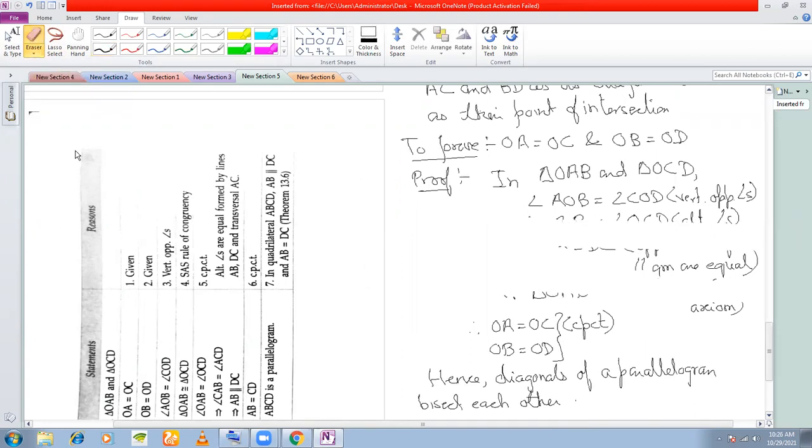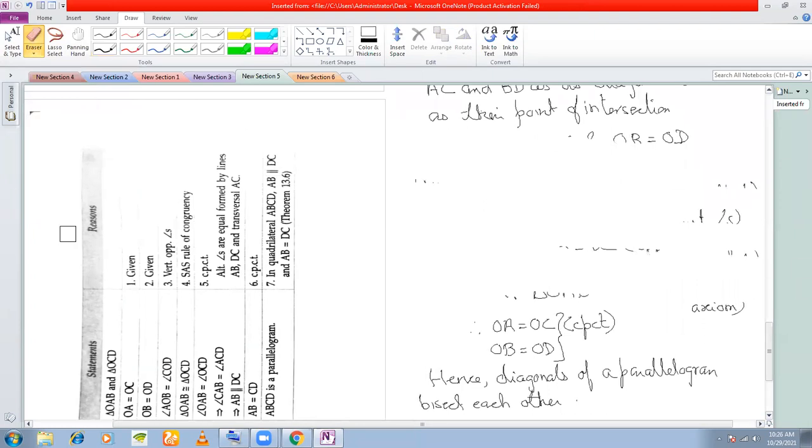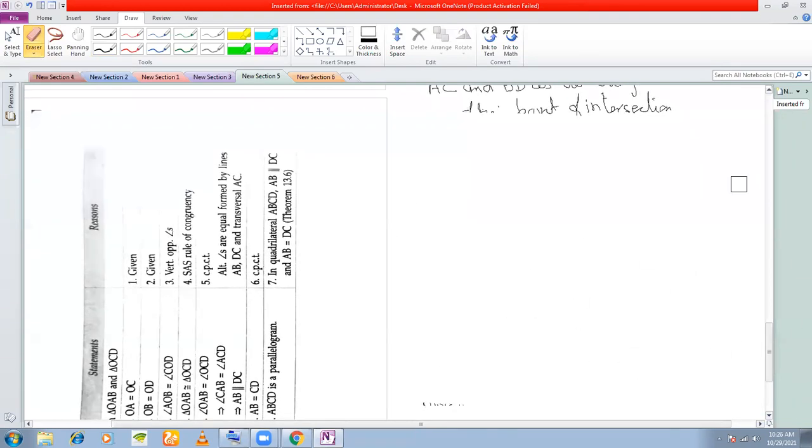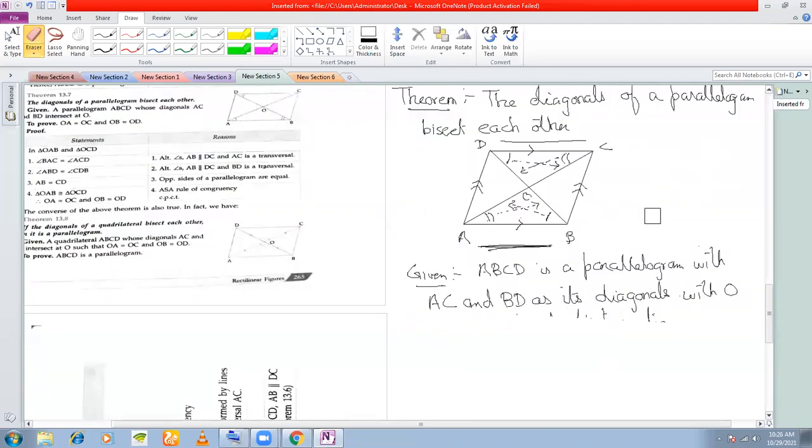Yes, tell me. Sir, but if we try to prove it in the way of angle side angle, then we can prove it. Let's see. What is missing that we cannot use angle side angle?